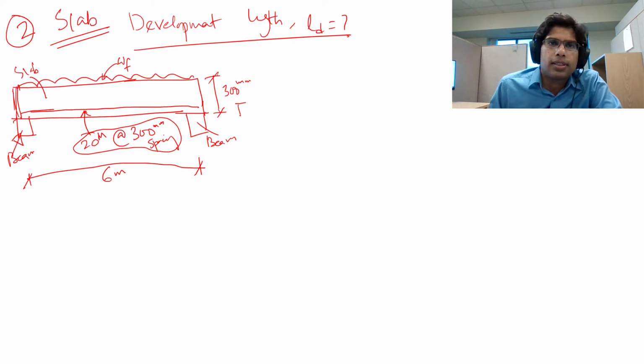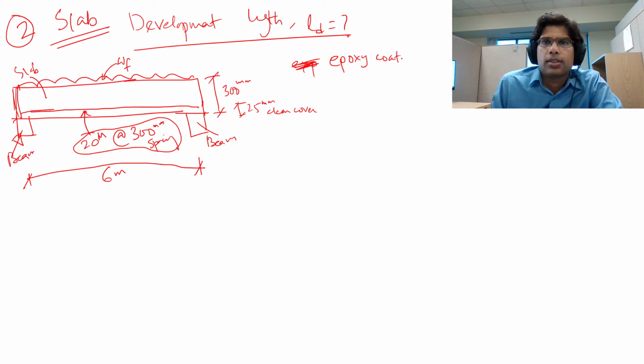The clear cover is 25 millimeter clear cover, and because of its very corrosive environmental location, it is epoxy coated rebar that was used, and determine the development length. Question is determine the development length.